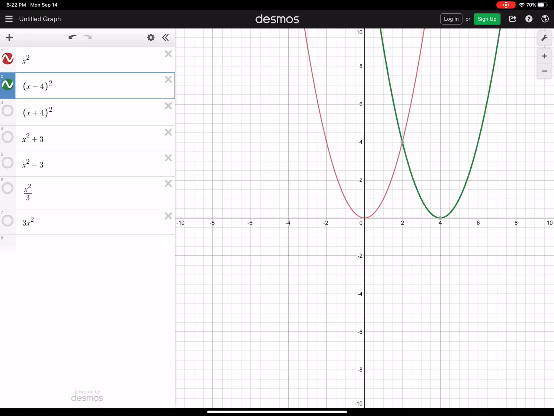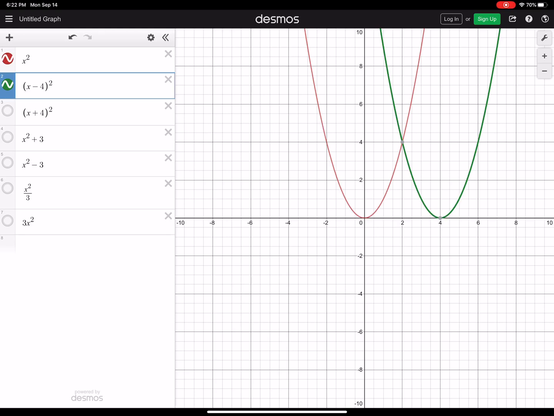And you can see that in green, that has moved to the right 4 units. Notice minus 4 moved it to the right. If you think about it, what do I have to do to minus 4 to bring it back to 0? I have to add 4, if that'll help you. But basically, if you want to move to the right, you subtract 4 within the parentheses.